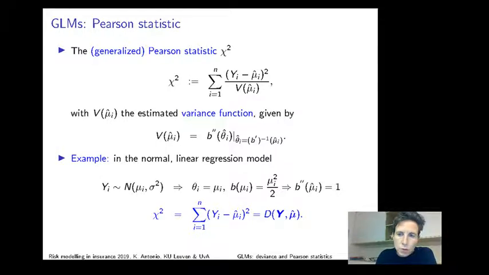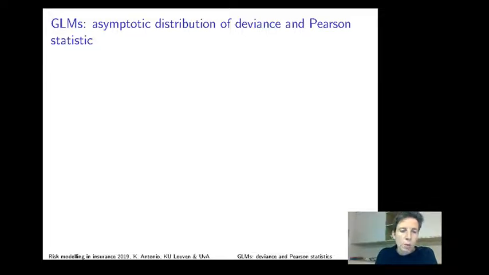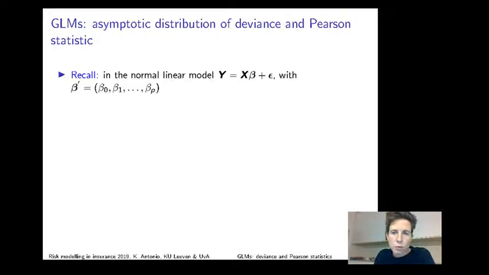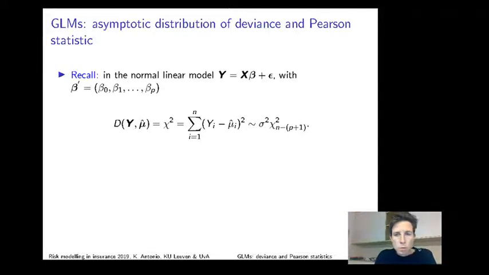Right, so it turns out that asymptotically, one can rely on interesting distributional results for both the deviance and the Pearson statistic. These distributional results are relevant to derive inferential tools for GLMs later on in this video. For the normal linear regression, you may recall the distribution of the sum of squared residuals. And this sum of squares is distributed as sigma squared, the variance, times a chi-square distribution with n minus (p plus 1) degrees of freedom.